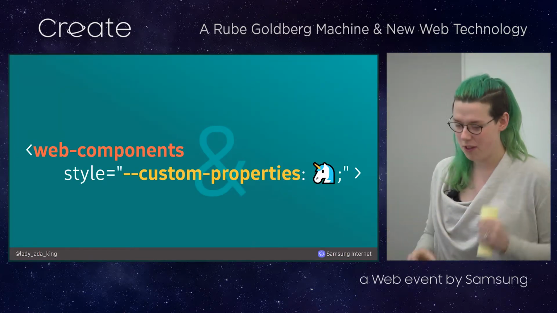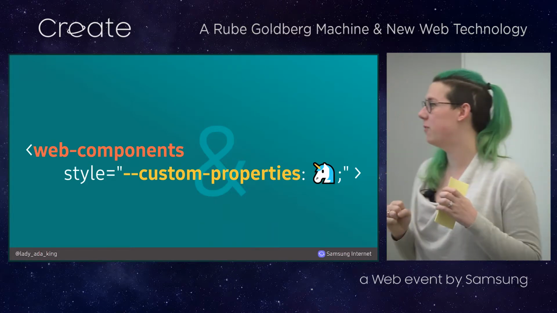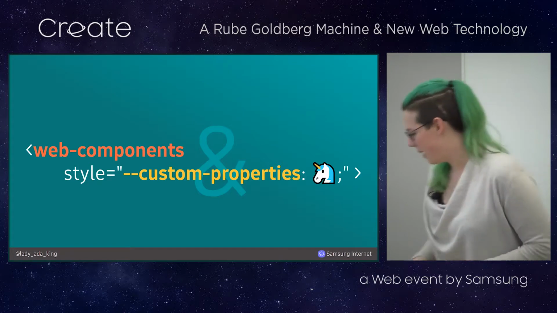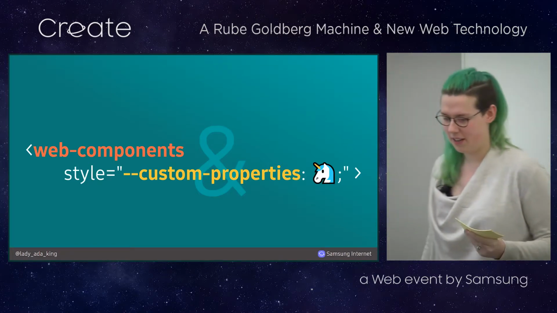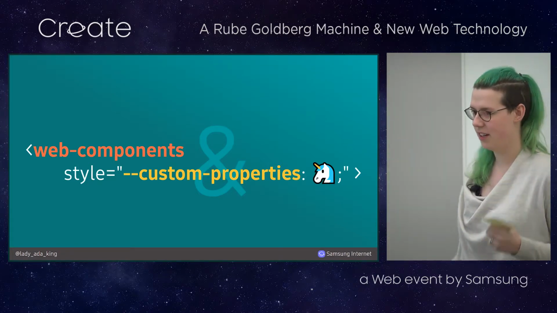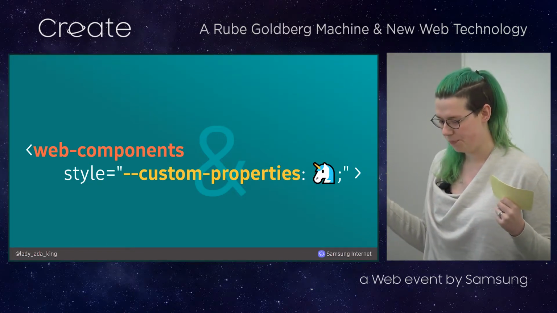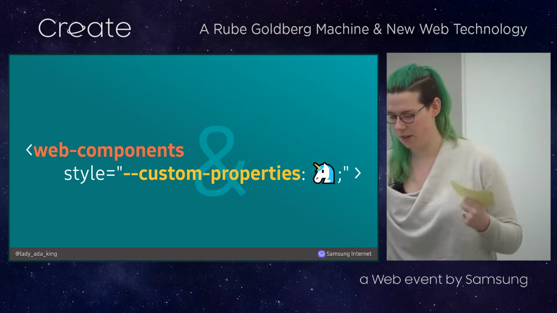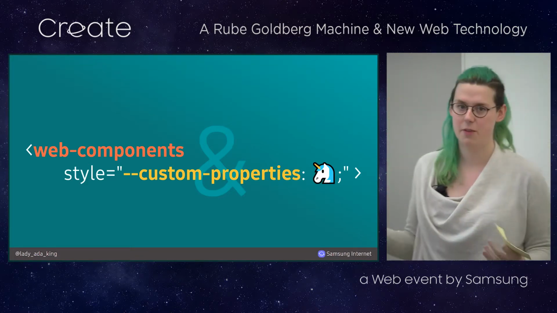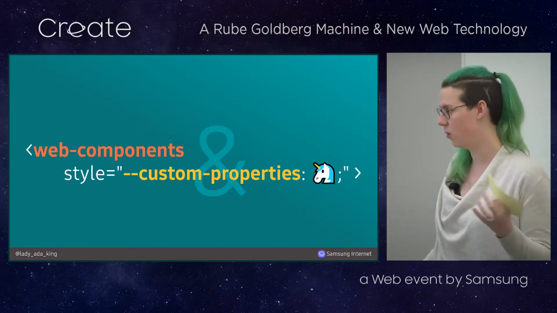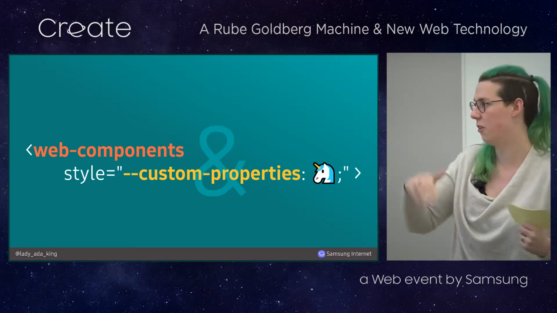But the really fun thing is that it works beautifully with web components. I said earlier that the style sheet of a web component is totally isolated from the rest of the document. This document style sheet doesn't go in, almost, and it doesn't get out.